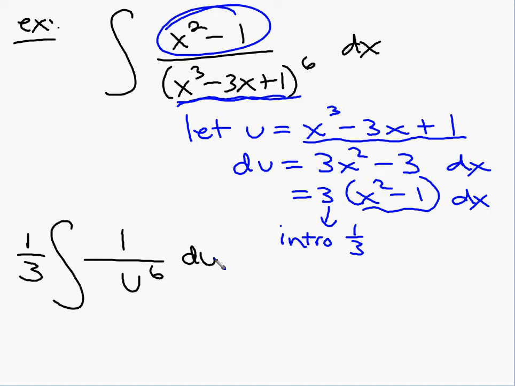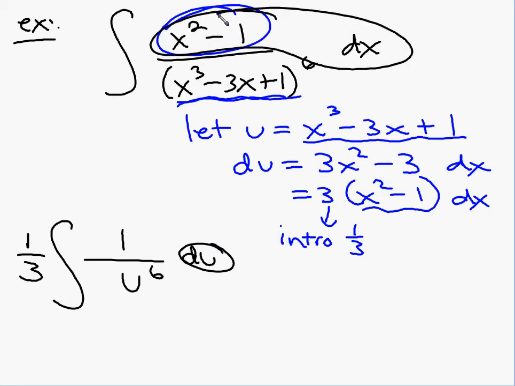Because the du accounted for all of this. Okay? So now, this is the same thing as 1/3 times the integral of u to the negative 6th du.